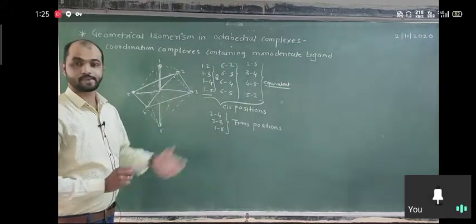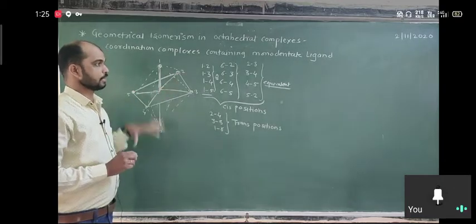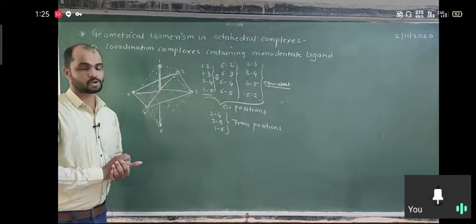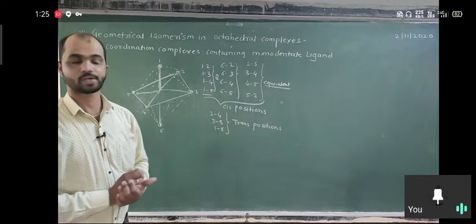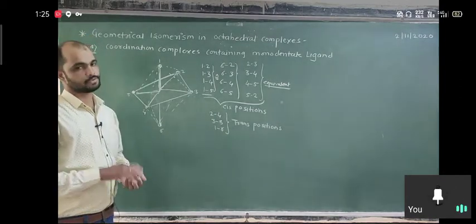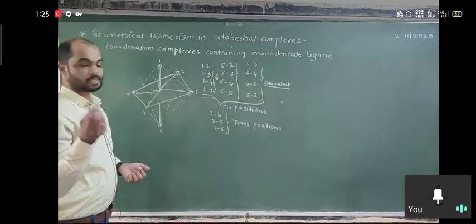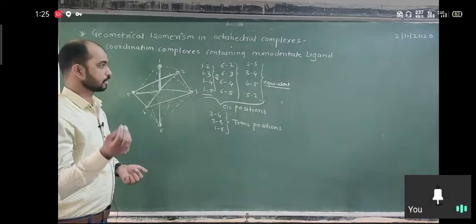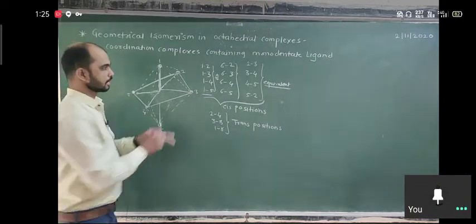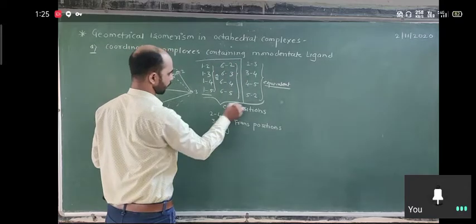So this is very important. First of all, you must understand which are the cis positions in octahedral complexes and which are trans positions. Basically, if we have two identical groups, we have only 2 orientations for cis. These 8 positions are equivalent.